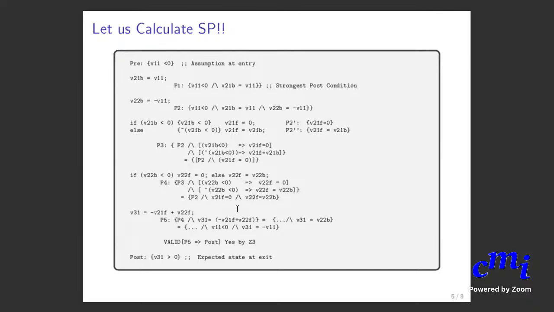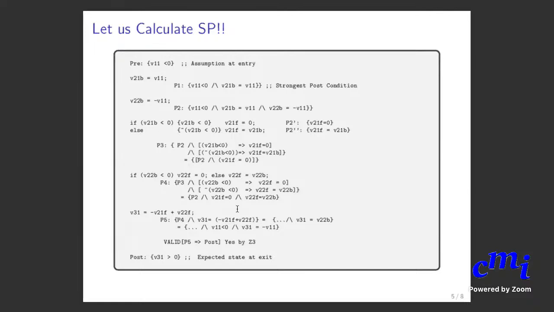Now, when I get out, I have to merge those two branches of the if-then-else. So P2 is true, and if V21B is less than 0, then it is the case.